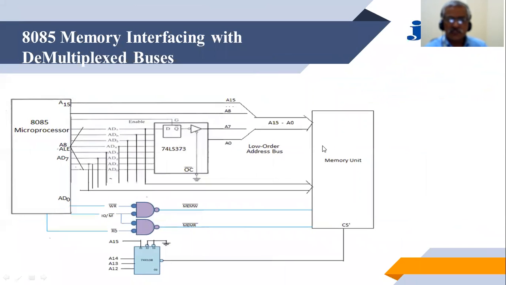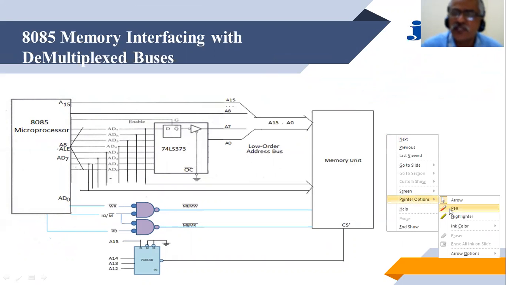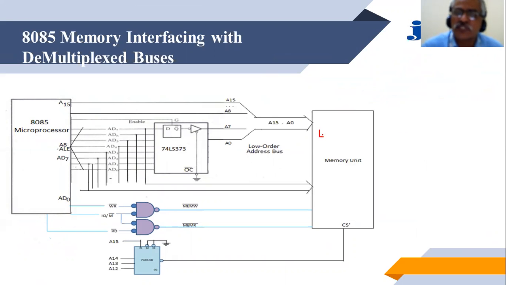This diagram shows you a memory unit. Let's suppose this is a 4 kilobyte memory unit. Let me give an annotation here that the memory size I am showing is 4 kilobytes. Now we know that a 4K address space is addressed by 12 address lines.